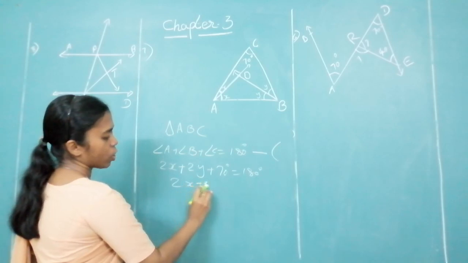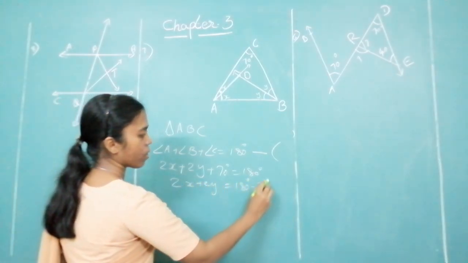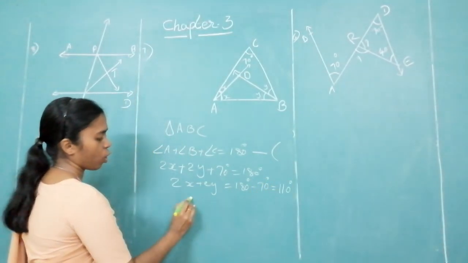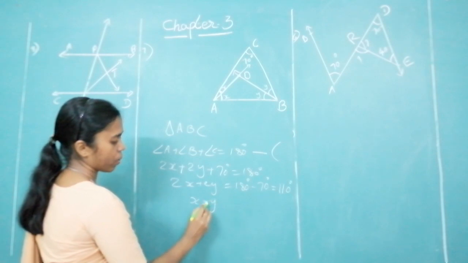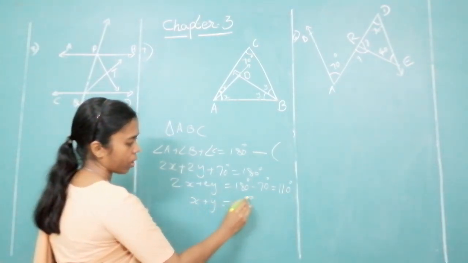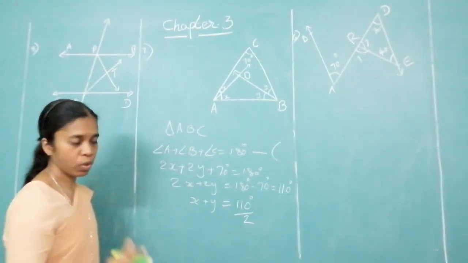So 2x plus 2y is equal to 180 minus 70, equal to 110. Take 2 common. So what remains over here? x plus y. The common 2, you take it to the other side. So 110 upon 2. I suppose you understood this step.